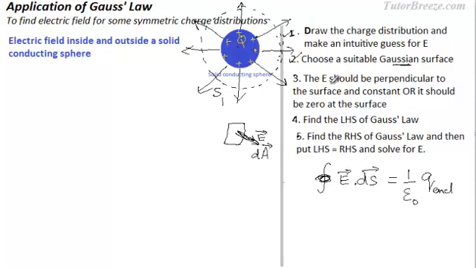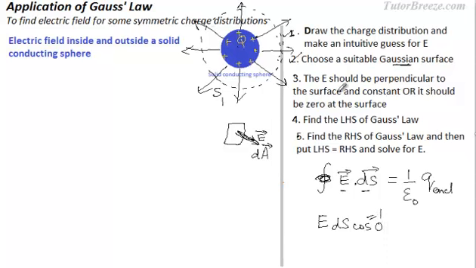So in this case, when the electric field is normal to the surface, that means the electric field is going to be parallel to the area elements. So this integral will become E dS cos 0, and cos 0 you know is 1.